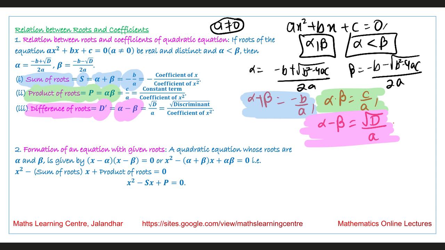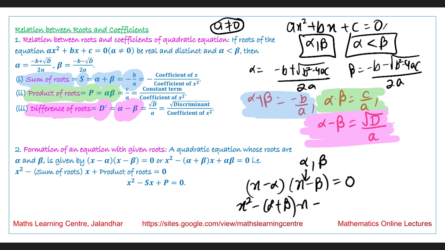Next is, if the roots of a quadratic equation are given, suppose we are saying that a quadratic equation is there whose roots are alpha and beta, and we have to write that equation, then the equation will be x minus alpha into x minus beta, that is equal to 0. So, if we multiply these terms, we obtain x square minus (alpha plus beta) x plus alpha beta is equal to 0.